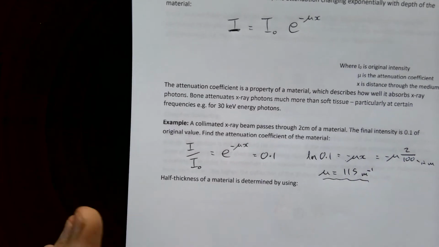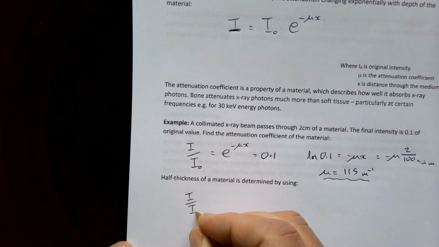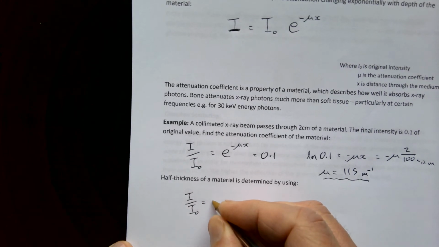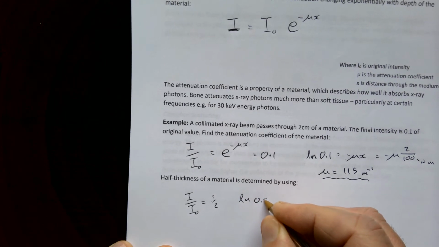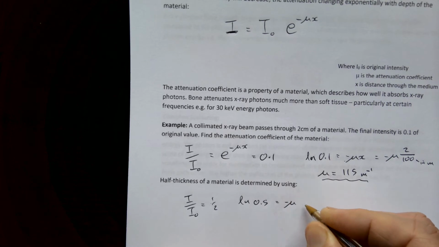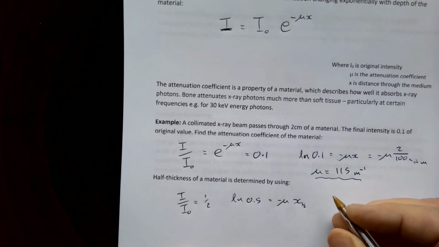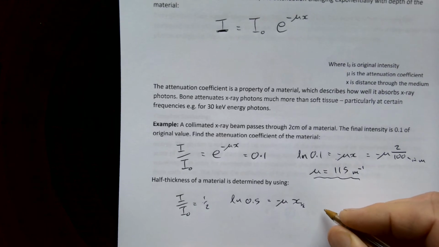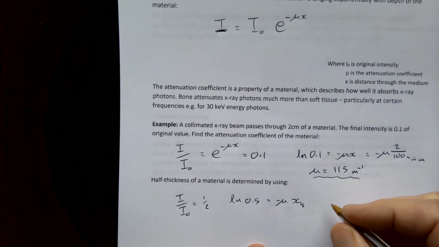Half thickness, well, we've done some practice on that, and again the same idea. So I over I naught equals half. So log of 0.5, use that rather than fractions, equals minus mu x half. And if you put that in, then what you'll end up with, you can do the maths, 0.693 divided by that value there. In fact, we'll do it just to make it clear.